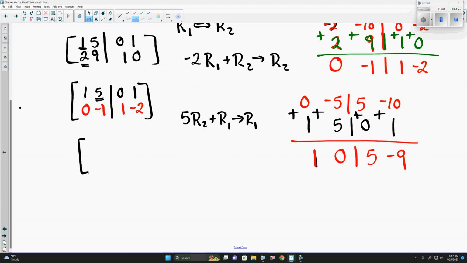So now our new top row is 1, 0, bar, 5, -9. And our second row is this here.